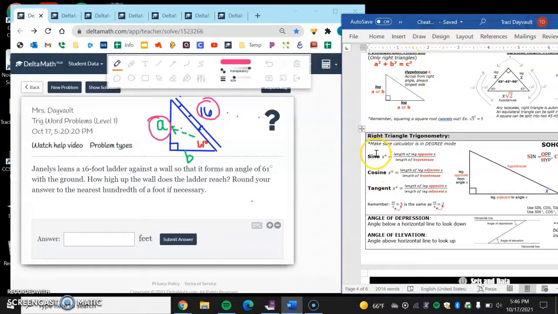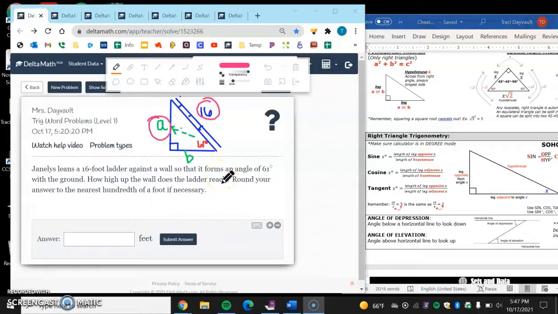We're going to use sine. So what equation am I going to set up for sine? I'm going to do sine of 61 degrees. Remember, we have the angle coming after sine, equals opposite, you can call that x or whatever you want to call it, over the hypotenuse, which is 16.